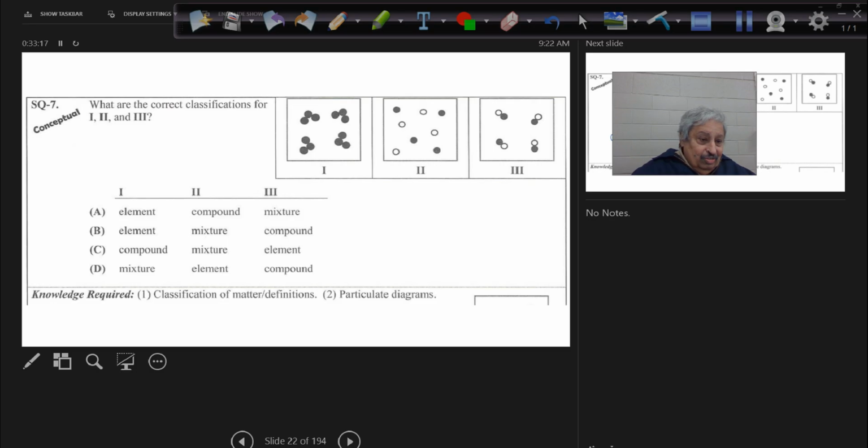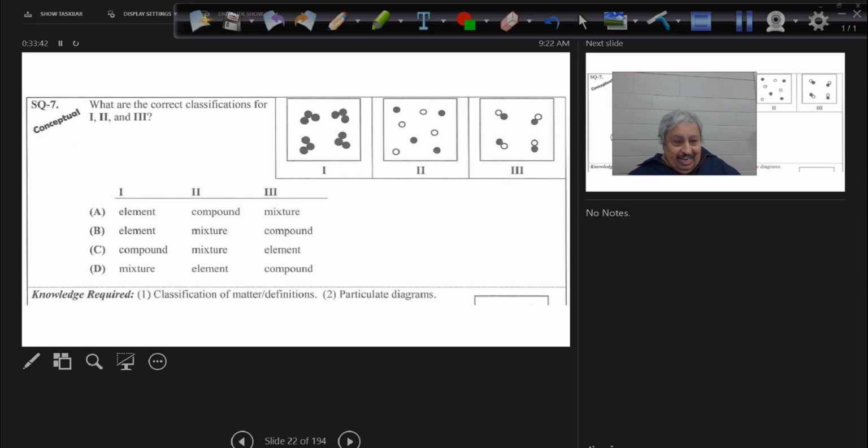Okay, guys. So what are the correct classifications? Oh, that's classification, not the ratio. Okay, for 1 and 2 and 3. That's easy. What do we call this? You have 1 is element, 2 is compound.